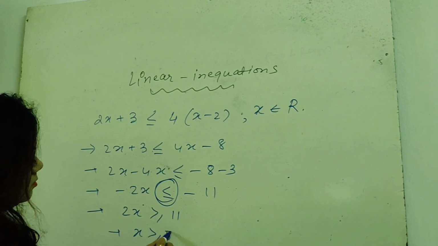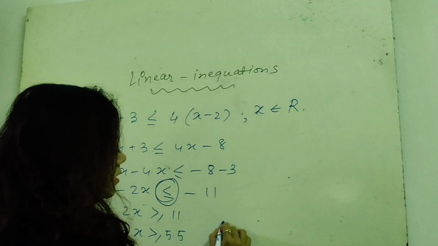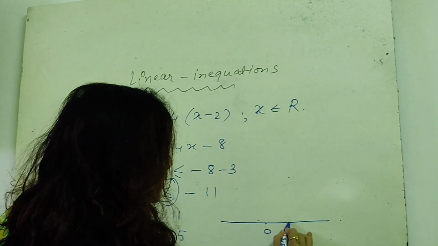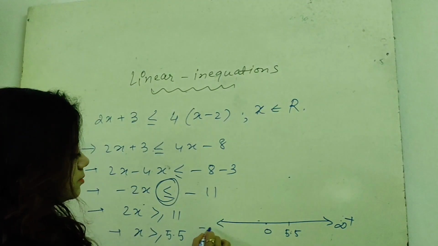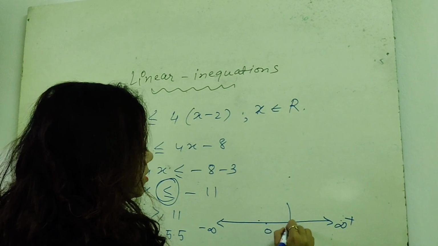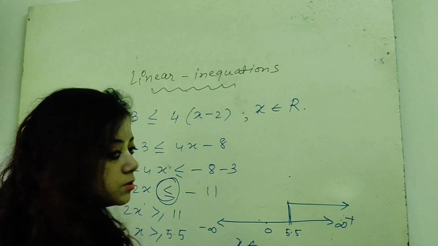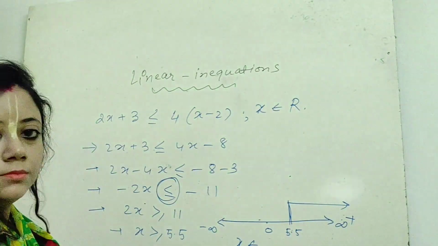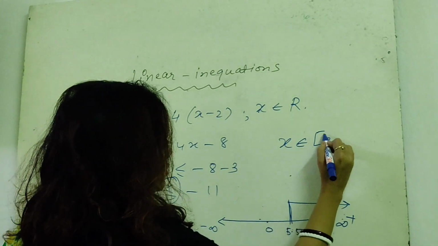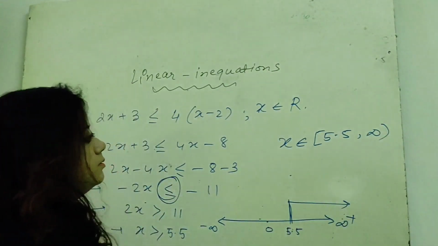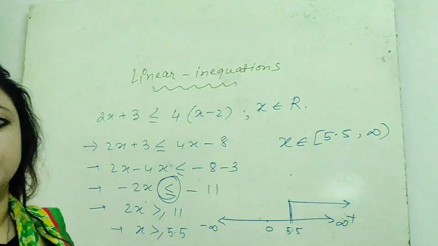x greater than or equal to 5.5. One new thing you will learn here: if this is a number line, this is 5.5, this is plus infinity and this is minus infinity, the numbers will be from here to infinity. So x belongs to the third bracket 5.5 comma infinity first bracket.